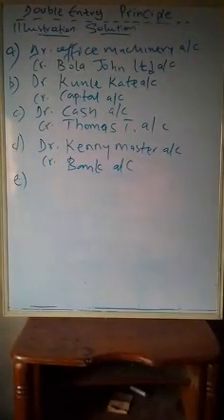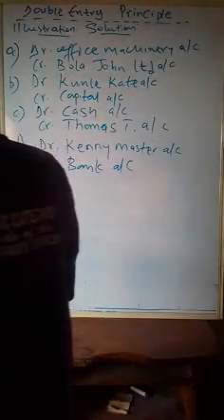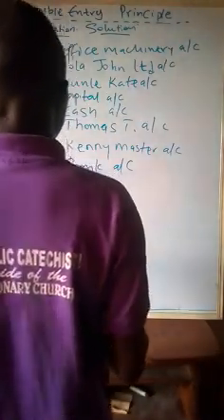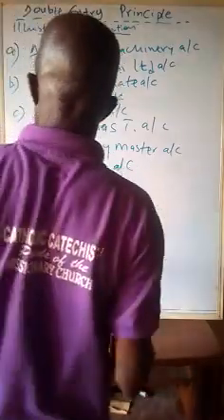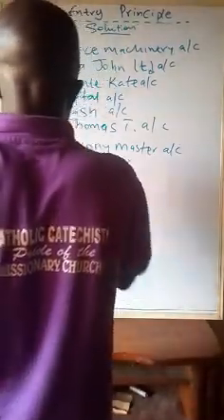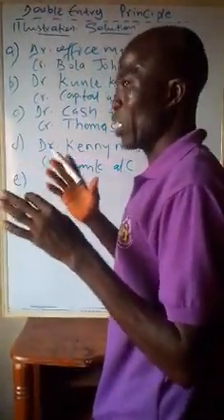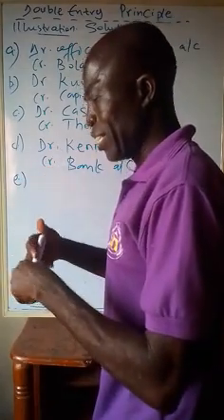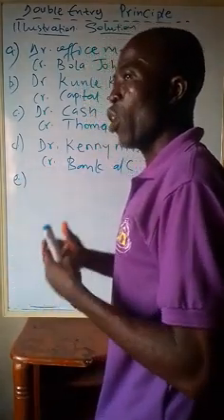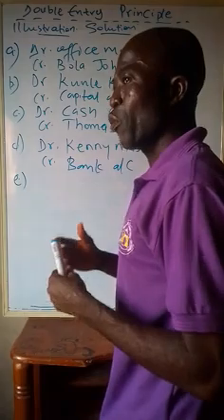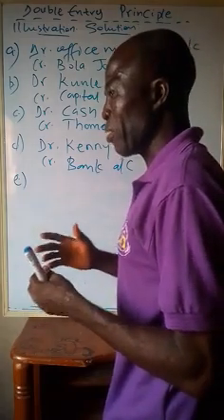E, return some office machinery to Bola John Limited. This is not return outward. This is just return. Return outward is for stocks, but this is ordinary machinery. Machinery is not the ordinary activity of the business; this is extraordinary.